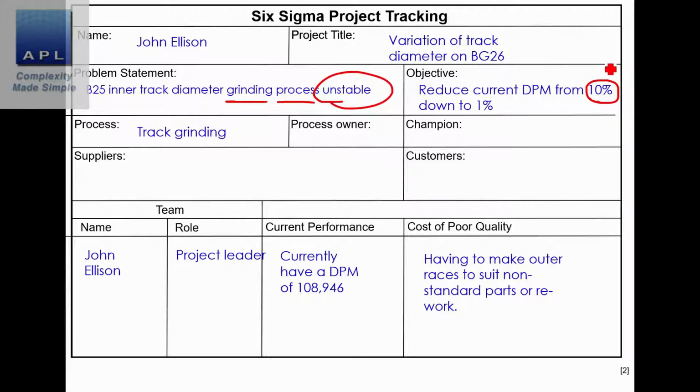I would probably say it's probably worse than that. And he wants to get it down to 1%, which is a 90% reduction in his defect rate. My view is that's probably not ambitious enough, but we'll take a look. I think he does better than 1% when he gets to the end of this particular project.